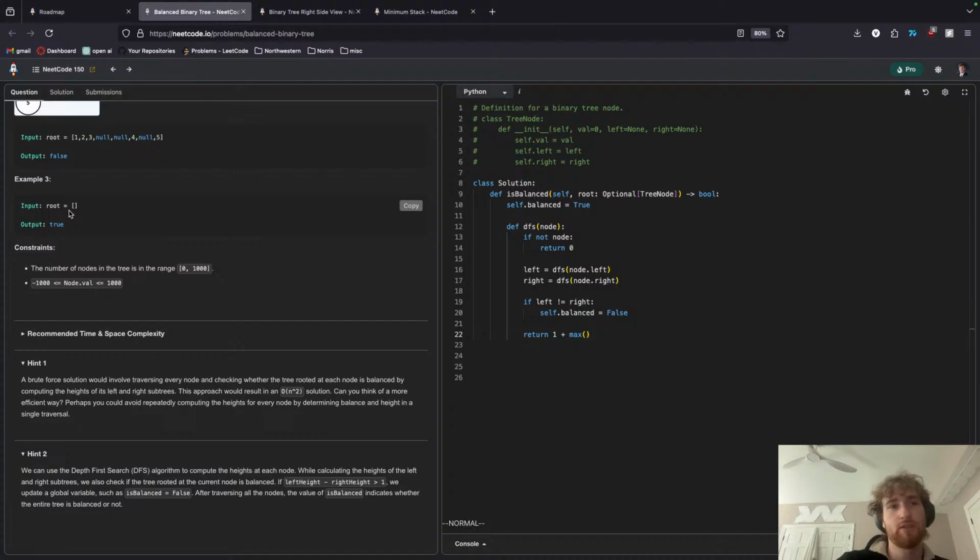While calculating the heights of the left and right subtrees, we can also check if the tree rooted at the current node is balanced. Wait, so is it kind of what I was doing? Why does it have to be left minus right, though?